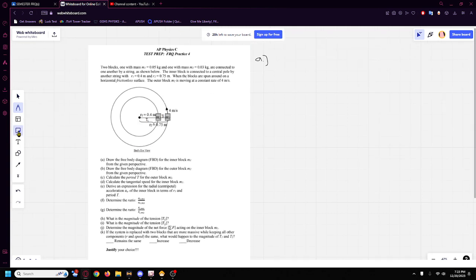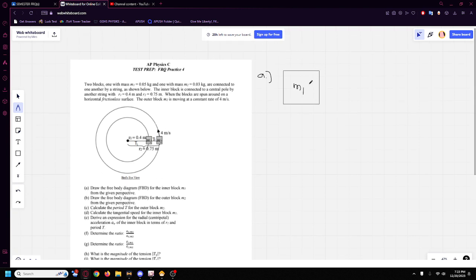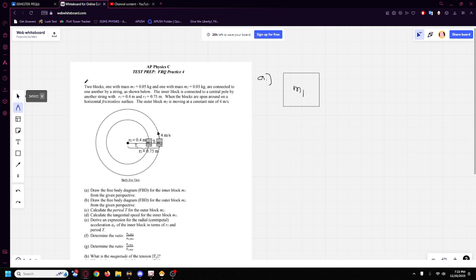So, this is the block, and this is... okay. So, let me move this a little to the right.